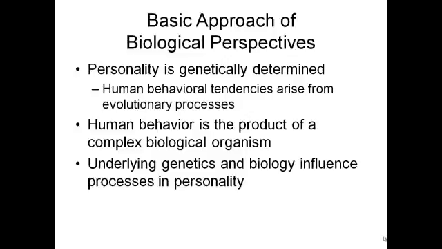Furthermore, evolutionary theory, evolutionary psychology, takes the point that human behavioral characteristics have also evolved. So essentially, the aspects of our personality that are most conducive to the survival of our species, successful reproduction, and so on, are based on how the species evolved. So essentially, our personalities are based on the evolutionary process.